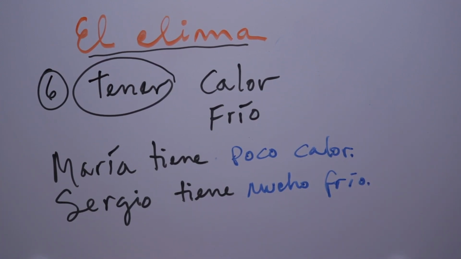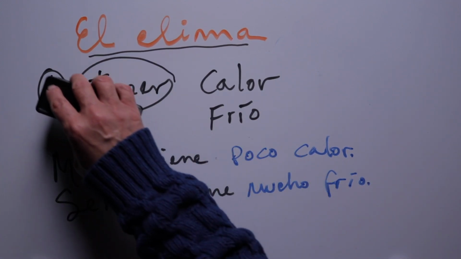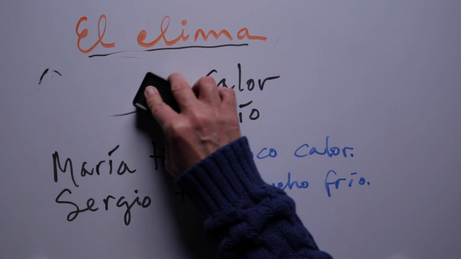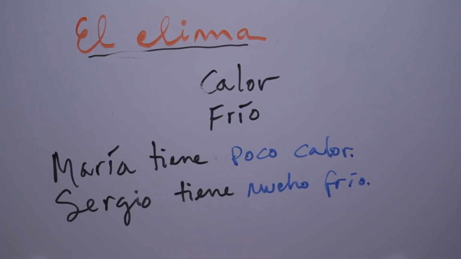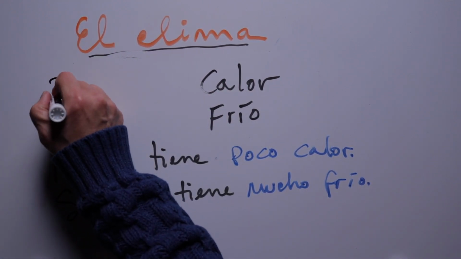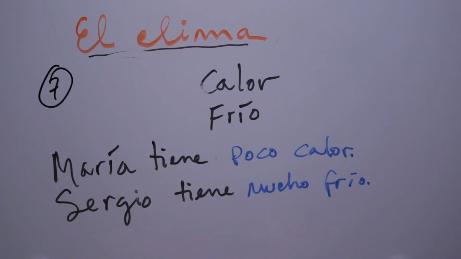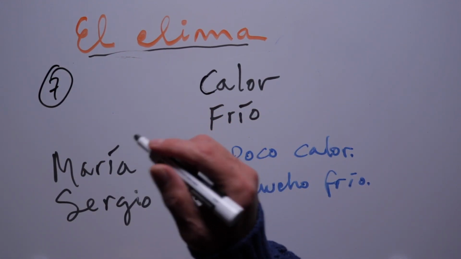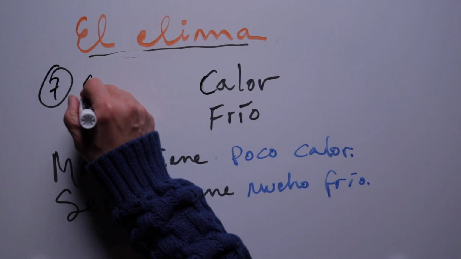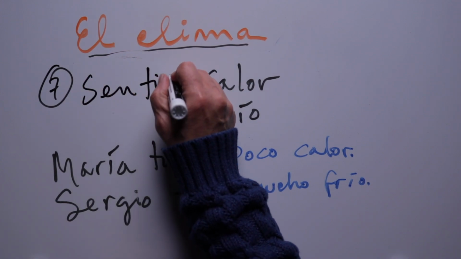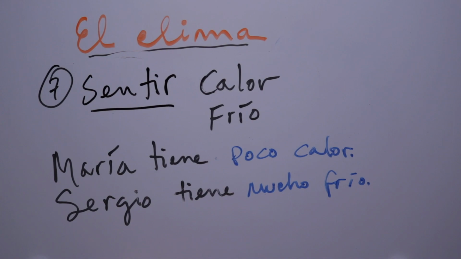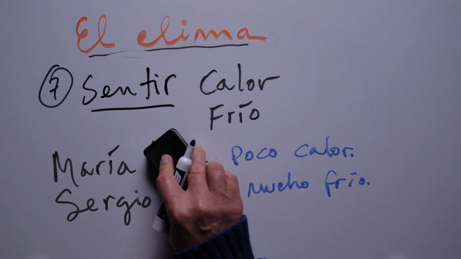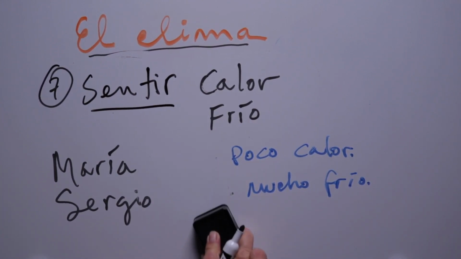Now the last verb that I will refer to is the verbo sentir. Tener and sentir related to the weather is pretty much expressing how you react to these 2 weather situations. Right? Sentir then, right? Now you have to conjugate it exactly like with tener. You have to conjugate the verbo sentir.